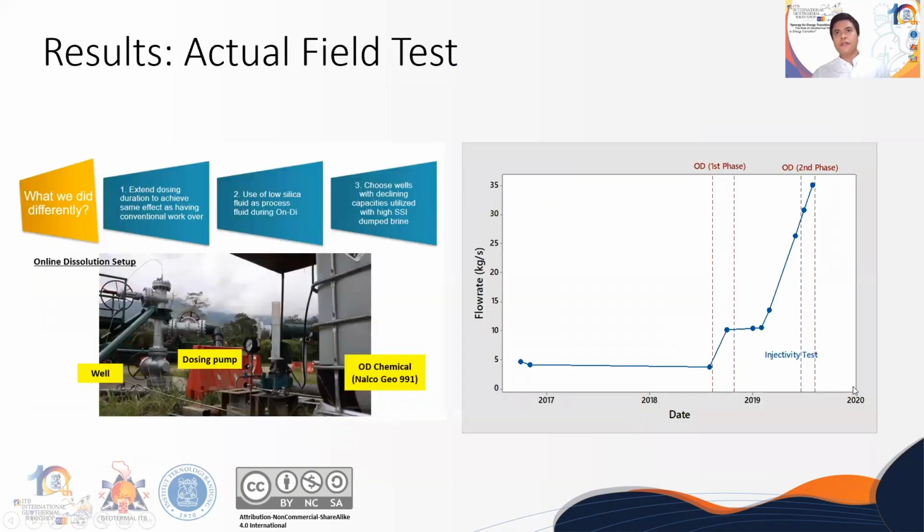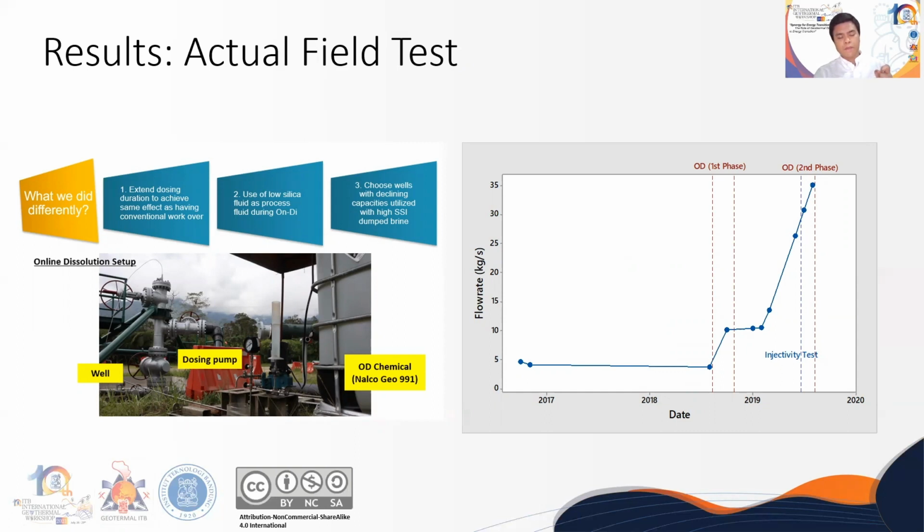In the actual field test, the main key performance indicator is the flow rate recovery, or the flow rate level. What the team did differently this time for this test is to extend the period of dosing and use a carrier fluid that is devoid of or has minimal silica levels.